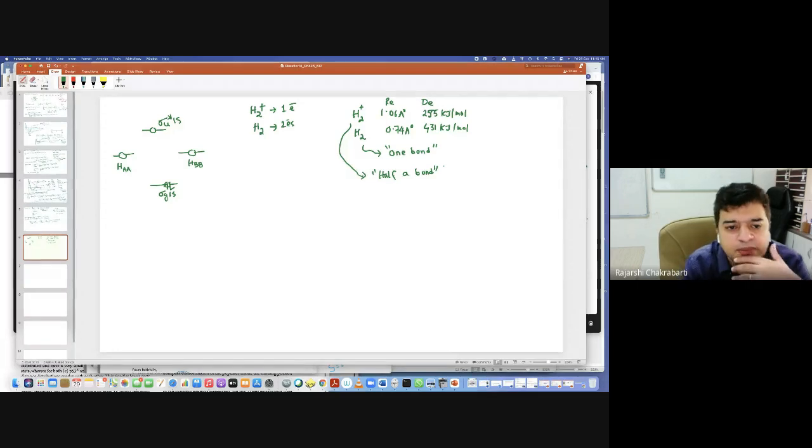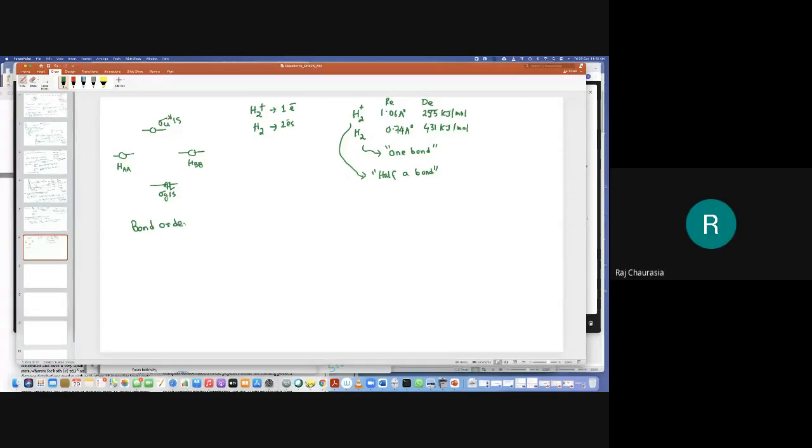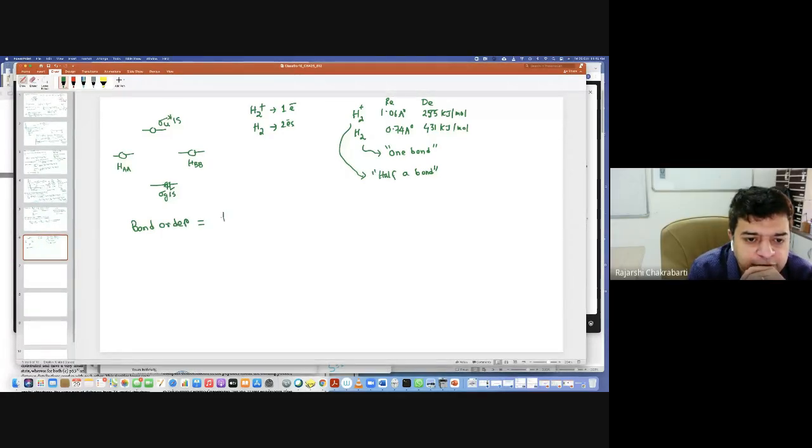So in order to describe this, one can define what is known as bond order. I think everybody knows what the bond order is. The bond order is given by like this: the number of electrons in bonding MO minus the number of electrons in anti-bonding MO. But that will not be enough.